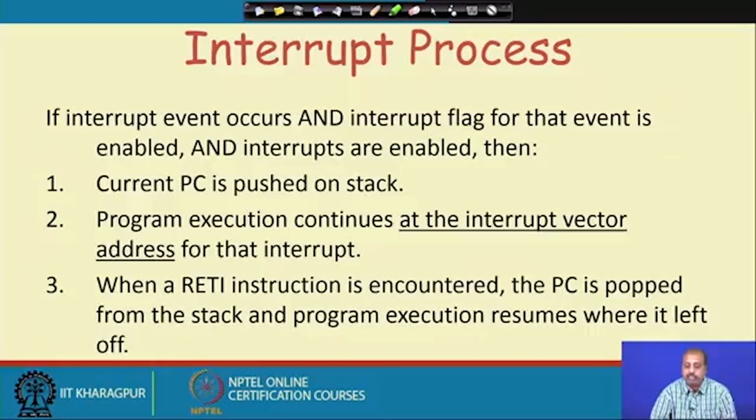Here also it is the same: the interrupt flag for that event must be enabled for masking purposes. So the interrupt is not masked off and the interrupt has really occurred. If all these things happen, only then is an interrupt considered to have occurred and it will be taken care of by the processor.